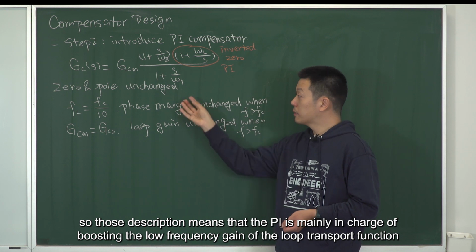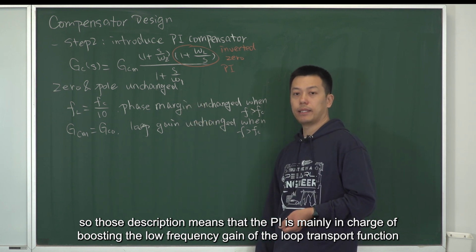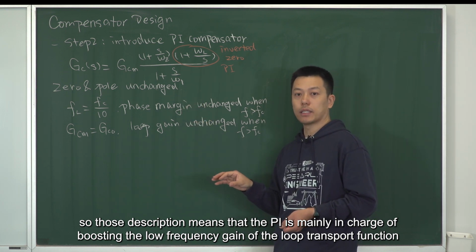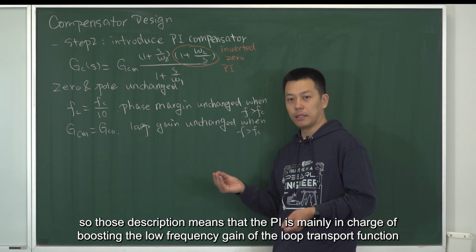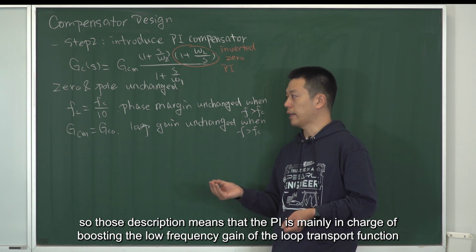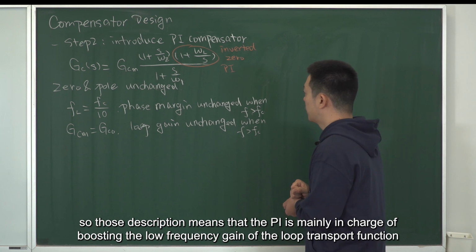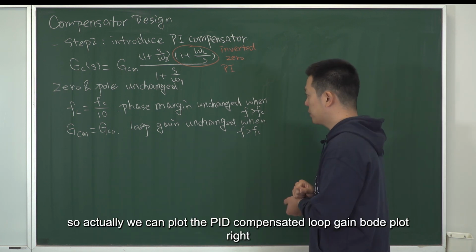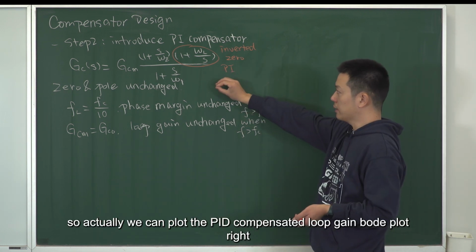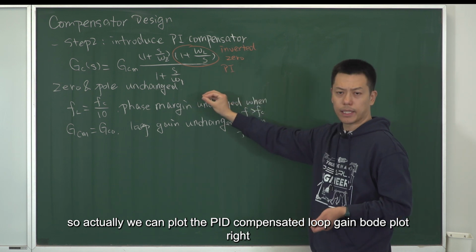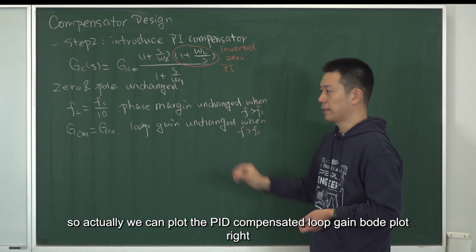So those descriptions mean that the PI is mainly in charge of boosting the low frequency gain of the loop transfer function.